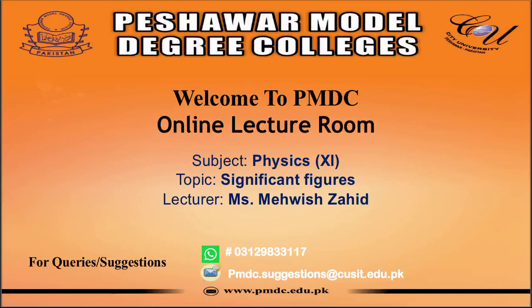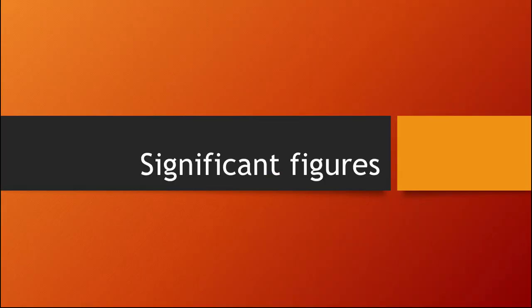Dear students, today our topic of discussion is significant figures. What are significant figures? Anytime we take a measurement, there is some level of uncertainty because no measurement can be exactly 100%. Significant figures are all the digits which we know with certainty and the first uncertain digit.